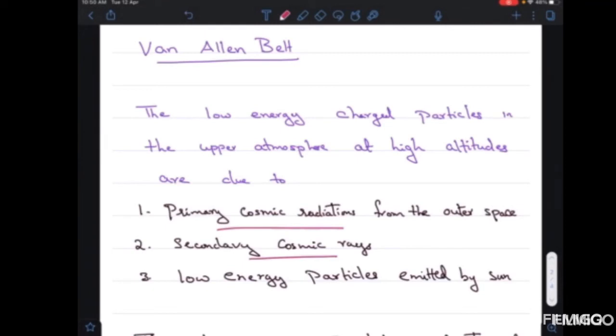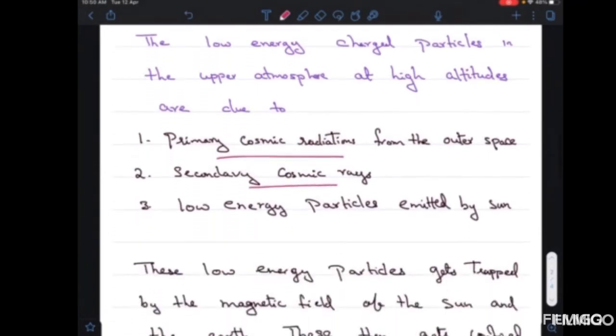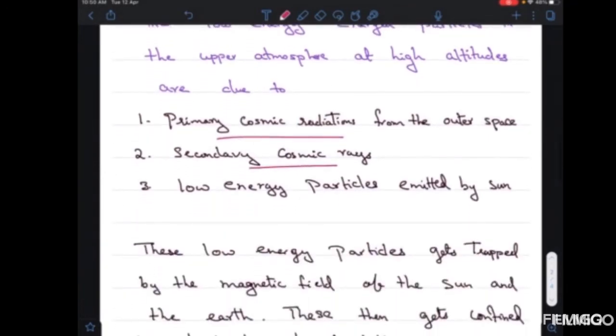Now these charged particles get trapped between the magnetic field of the sun and the Earth, and then they get confined in the shape of a donut, or usually Malayalis are familiar with the udinu vada.